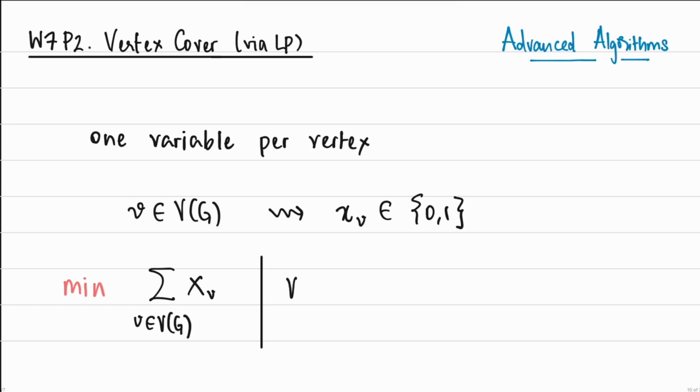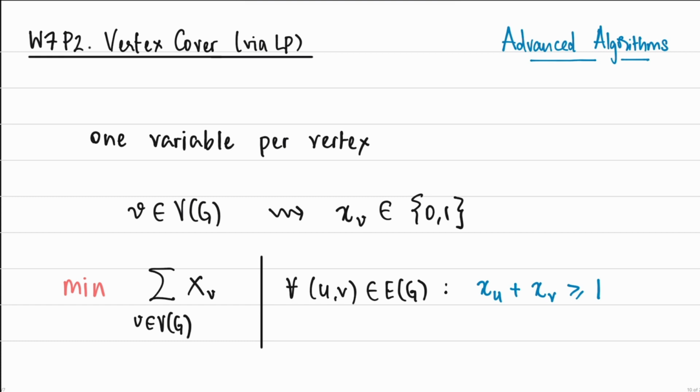So suppose you have an edge (u, v), then corresponding to this edge, you would like to throw in the constraint x_u + x_v ≥ 1. This captures the idea that no edge is left out by the ILP solution. So I'm going to use ILP to refer to integer linear programs and LP to refer to just linear programs. And so the ILP solution here will ensure that the subset of variables that are triggered to 1 actually form a valid vertex cover.